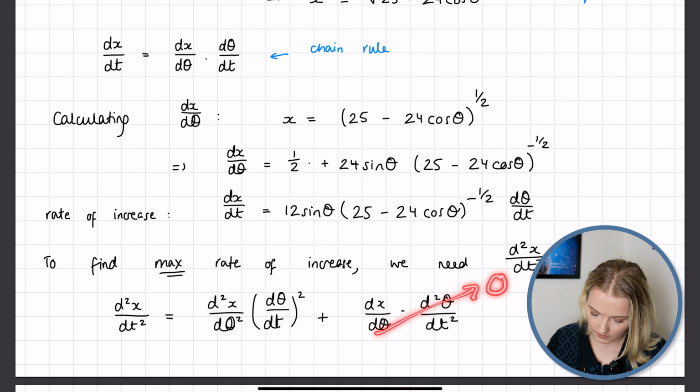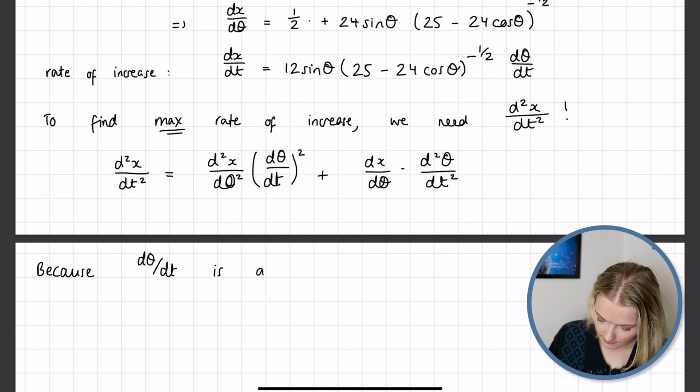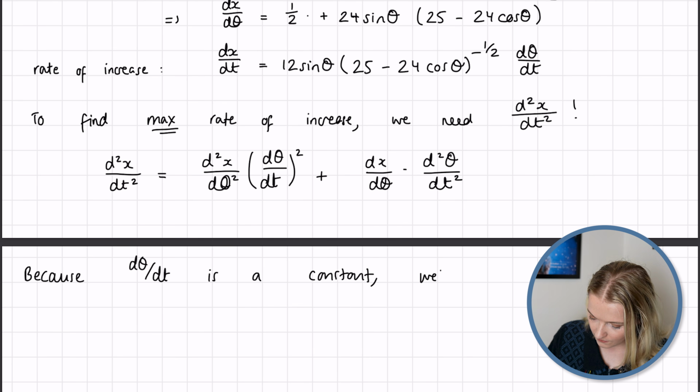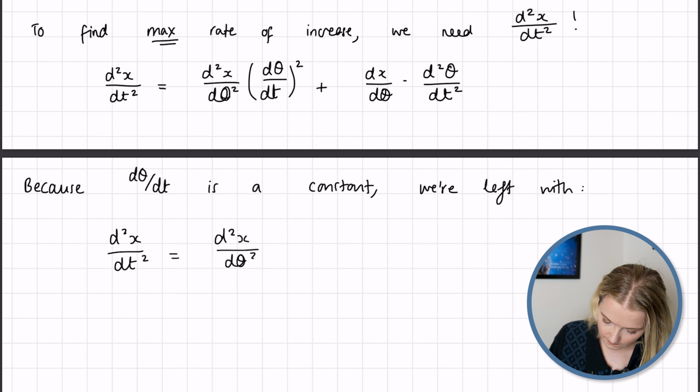Interesting. Okay. So what we're actually left with is, because d theta by dt is a constant, d squared x by dt squared is simply this here. Okay, perfect.